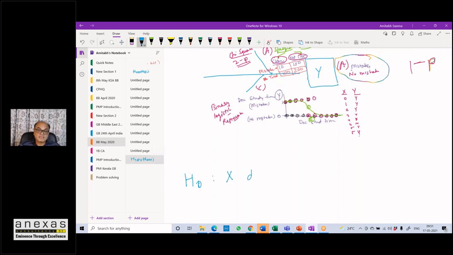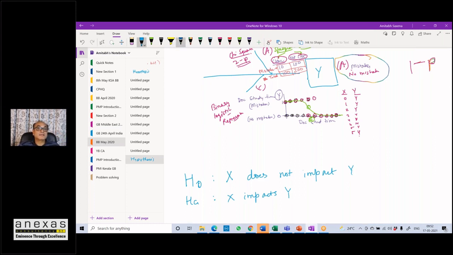Null is X does not impact Y. And what is the alternative? X impacts Y. It also means that the first null hypothesis is X is not the root cause.